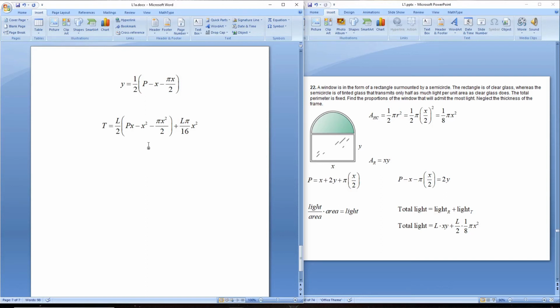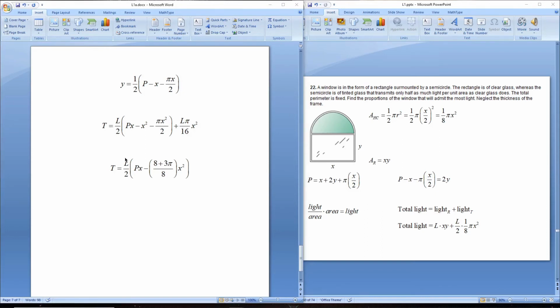And this is also with plugging in y. So I took this value for y, I plugged it in right here, and this is the result. And we can clean that up a little bit by just gathering some factors. And so that's about the best we can make that look.